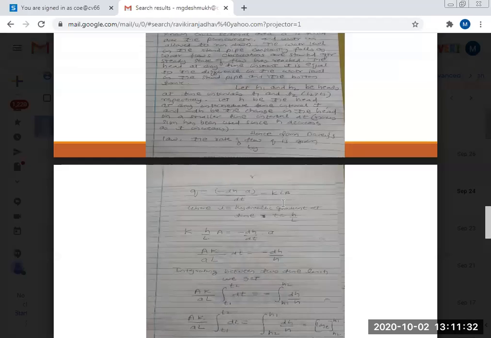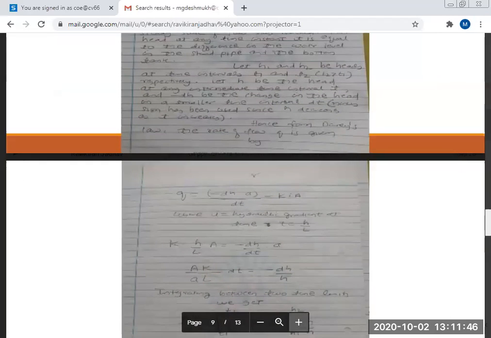So discharge Q is equal to KIA, discharge is equal to volume by time. Now here I is hydraulic gradient and I is given by H by L. I hope it is clear.